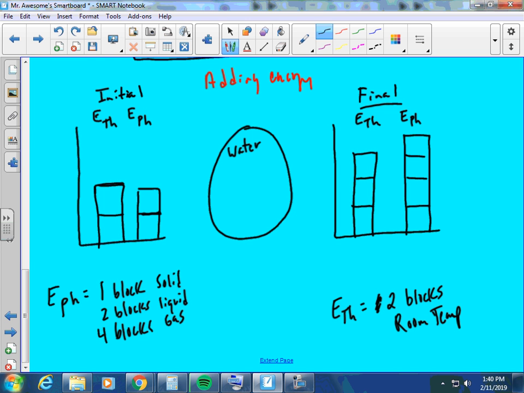The next step, I have to keep track of how many blocks I had at the start and how many blocks I have at the end. Here at the start, I have 4 blocks. And here at the end, I have a total of 7 blocks. So what happened from beginning to end?